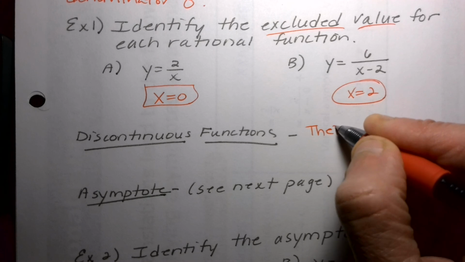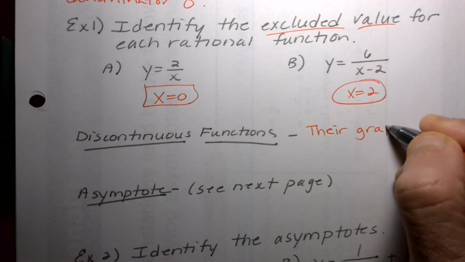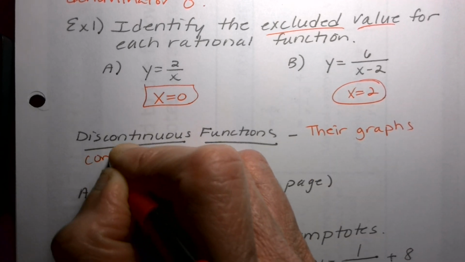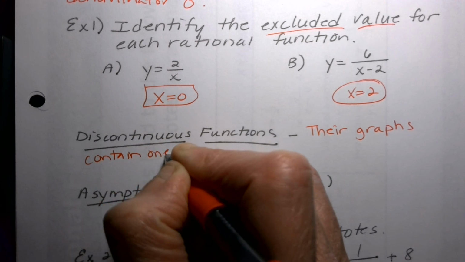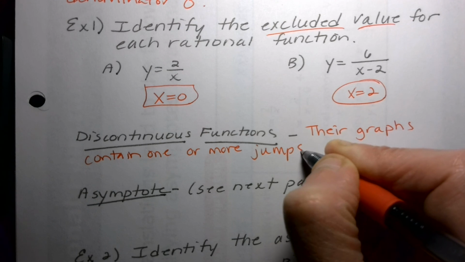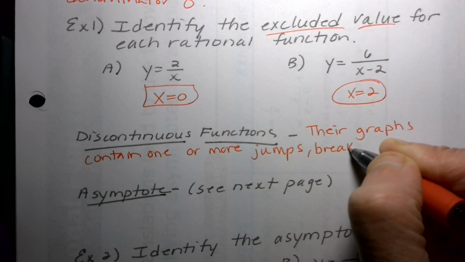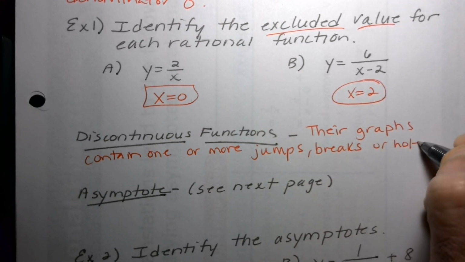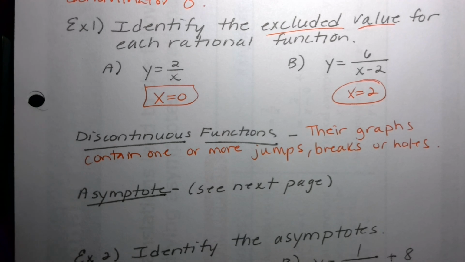A discontinuous function is one whose graph contains one or more jumps, breaks, or holes. It's not one continuous thing. You have to lift up your pencil to continue writing that graph.